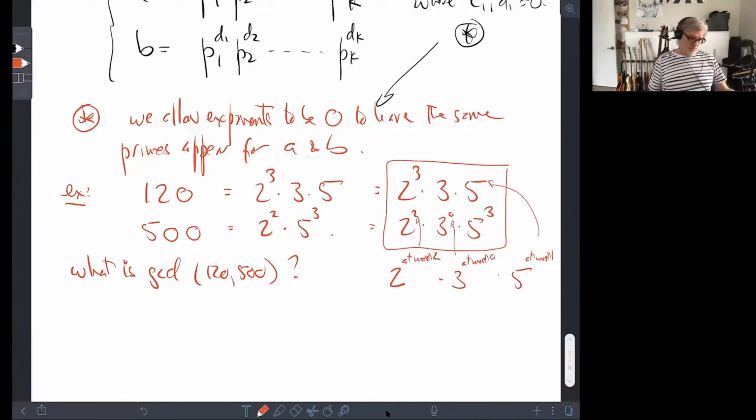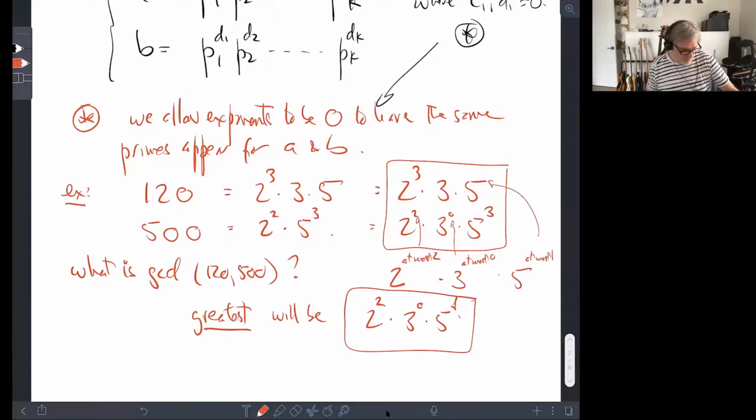Okay. So what did I do? I looked at the smallest of the two exponents and I said it can't be bigger than that. Now I want the biggest divisor of both. So you take that maximum value, the greatest: 2 to the 2 times 3 to the 0 times 5 to the 1.